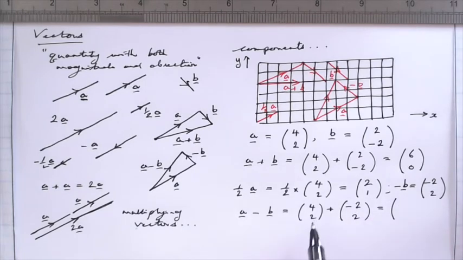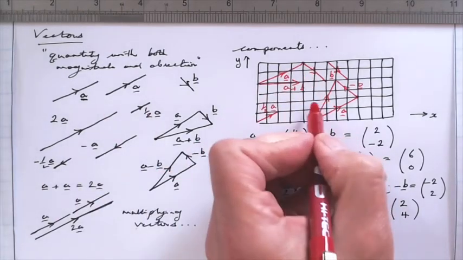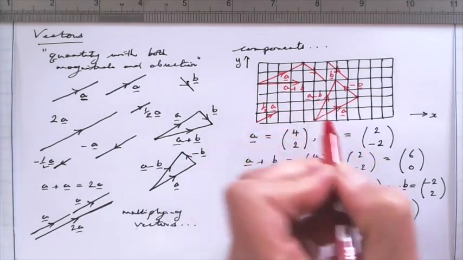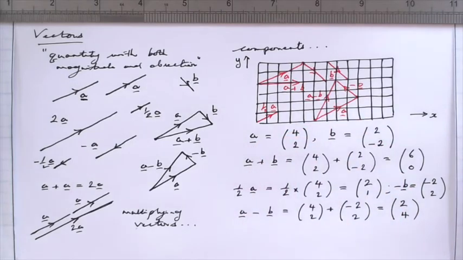Completely equivalent. And then we just add the components here. So 4 plus negative 2 is 2. And 2 plus 2 is 4. And again, that is indeed A minus B. We see we go 2 in the x and 4 in the y. So these components are really very, very useful way to write vectors.